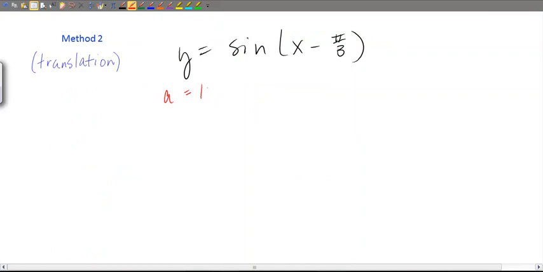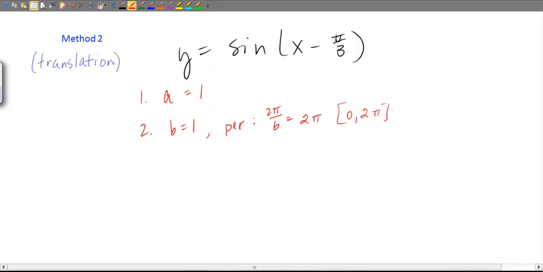What else do I know? The second thing I know is that b is 1, and therefore the period, which is 2 pi over b, is really just 2 pi, giving me an interval between 0 and 2 pi.